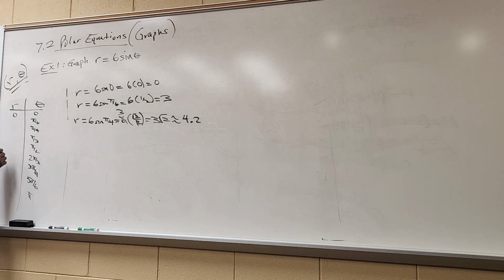We already did 0, 0, and 3 comma pi over 6. R goes first, theta goes second.